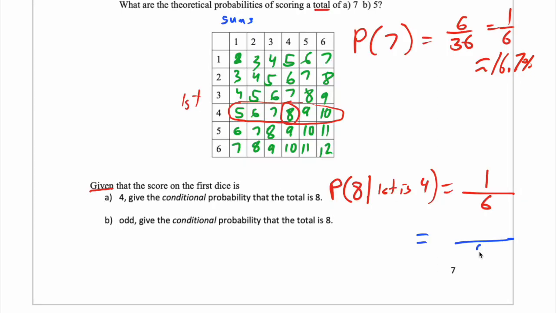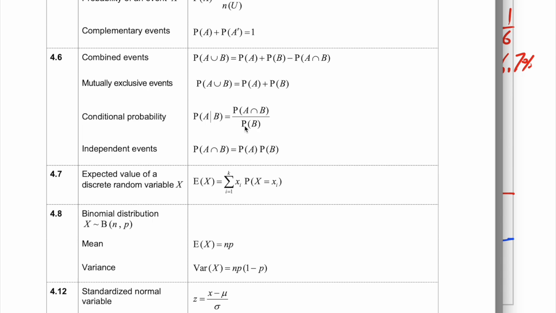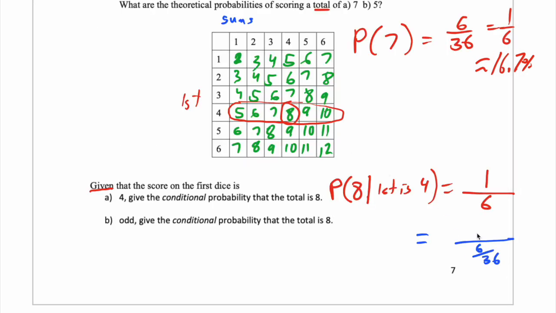So the probability of the first number being a 4 is 6 out of 36. The numerator should be the probability of sum 8 and first is 4. So what's the probability the sum is 8 and the first number is a 4? There's only 1 in 36 ways that can happen.